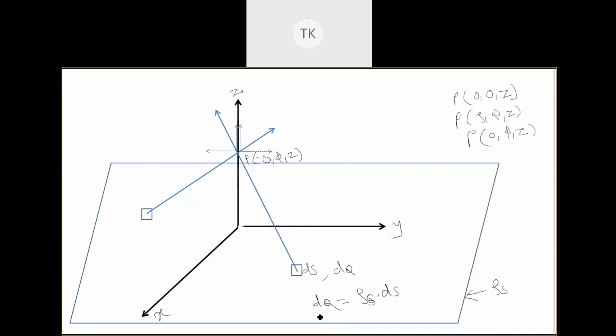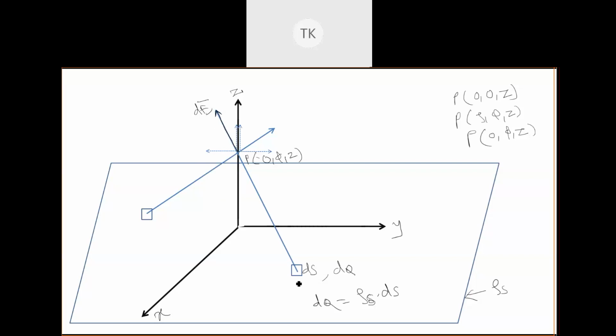Okay, so we will find the electric field intensity due to ds at point P, which is dE, and with the help of this diagram I can write dE bar. This is the differential electric field intensity, denoted by this vector, which gives the differential electric field intensity due to this differential surface area.